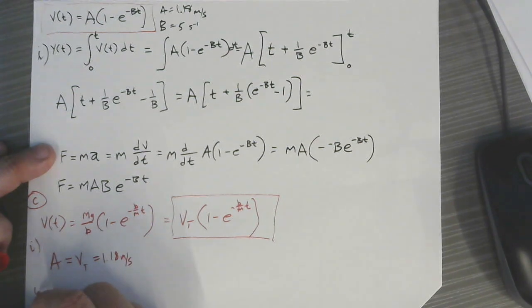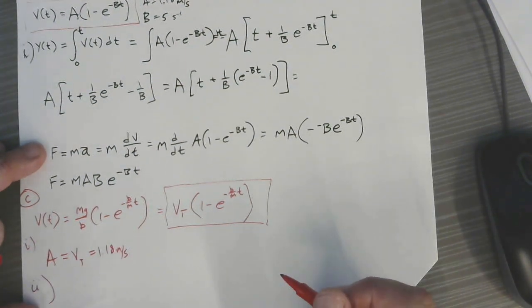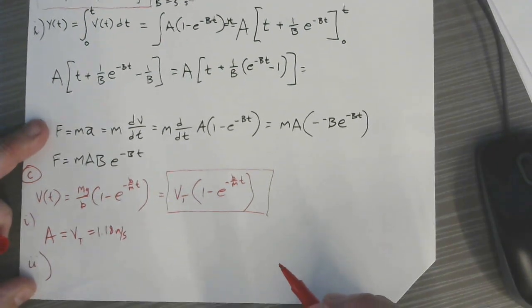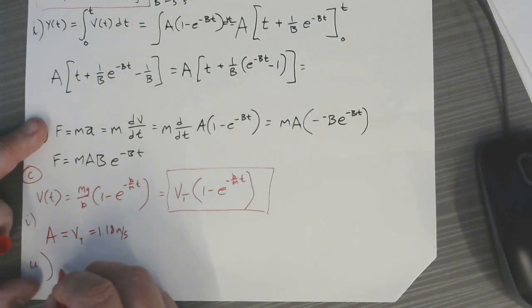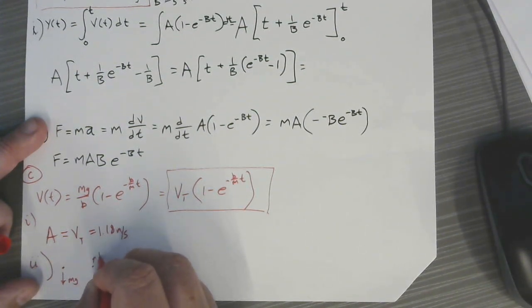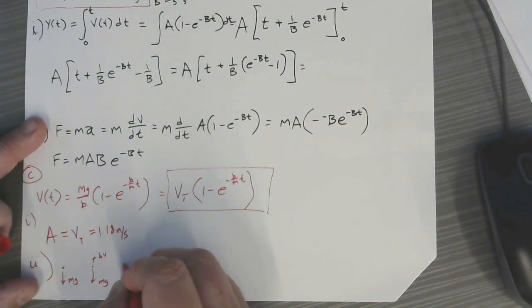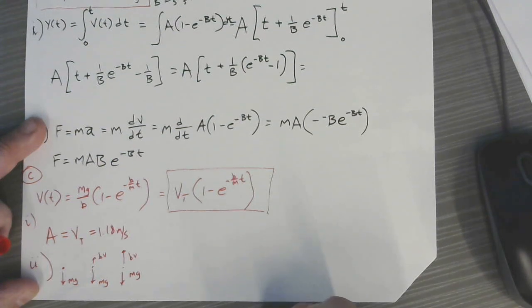Now, trying to find the force that is exerted on this thing is a little trickier, and there is a true trick for it. Remember, our process is at first it's just gravity, then later our resistive force is reducing, and then finally when we reach terminal velocity, our resistive force is the same size as weight.